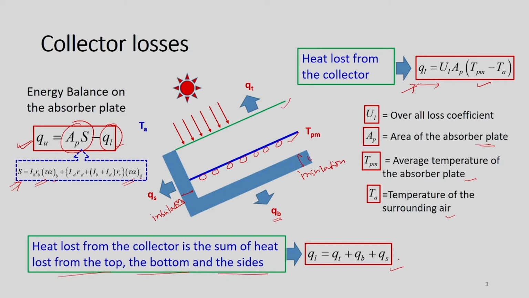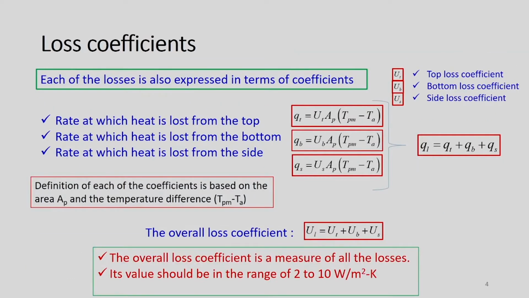We can add them, right, and this rate of heat loss can be expressed in terms of loss coefficient. Then our expression will be something like this: Qt will be Ut Ap multiplied by Tpm minus Ta, right.